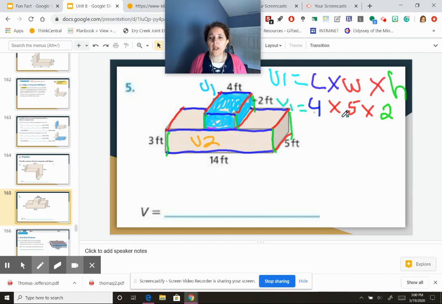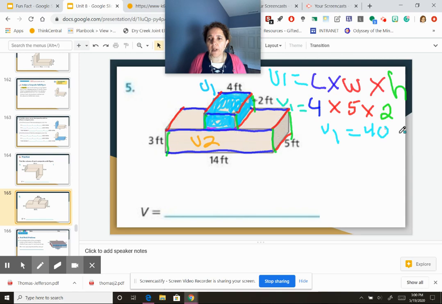So I got 4 times 5 times 2. 4 times 5 is what? 20, right? 20 times 2 is 40. So volume 1 is equal to 40 cubic feet.